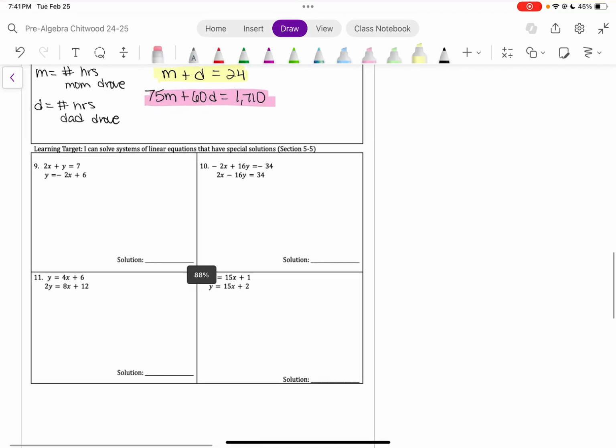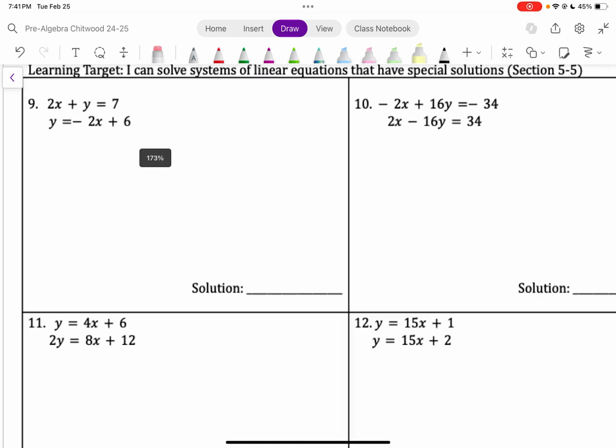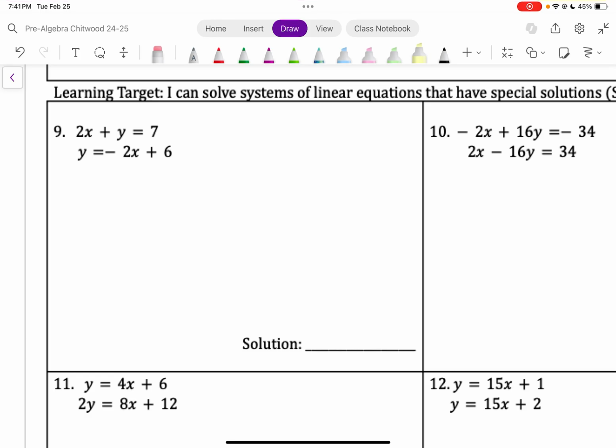Now we're going to move on to special solutions, and this is when we have to see, am I going to use substitution or elimination? I'm going to use substitution if one of the variables is given to me, one or both. That means y equals ... or x equals ... Since I'm given y equals negative 2x plus 6, I'm going to substitute it for y in the other equation.